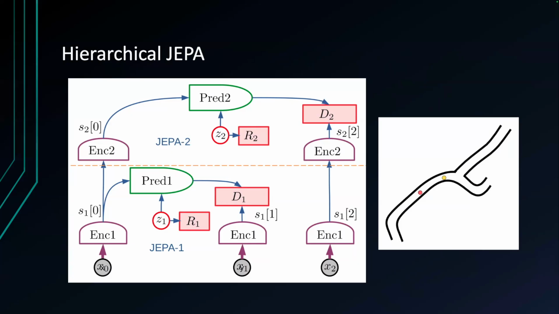Okay. So coming to the last part, there's not many things left. There is something called hierarchical JEPA. So in hierarchical JEPA, let me give you an example. Let's say your car was right here and there were different cars on the way, and one right here.